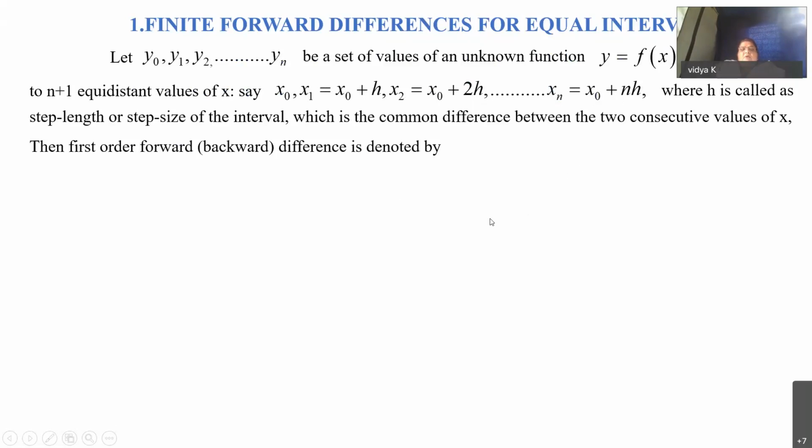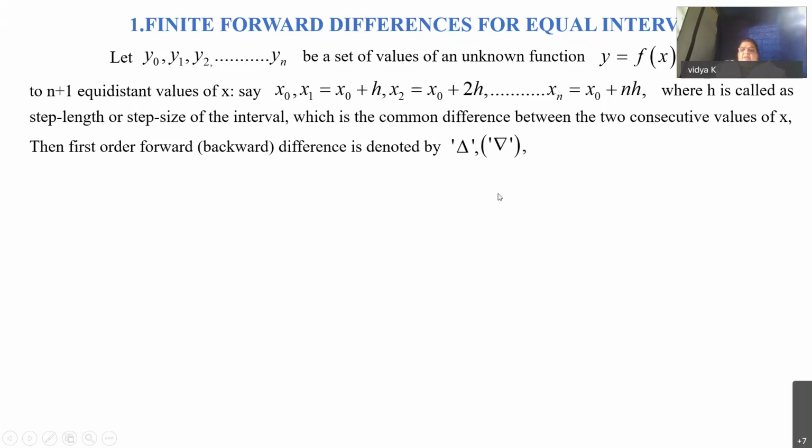Then we go on to define first order, second order forward differences, and in general nth order. First we focus on first order forward differences along with backward also, together, to save time. It is represented by the notation delta.